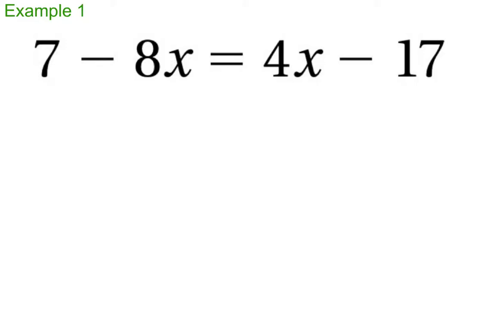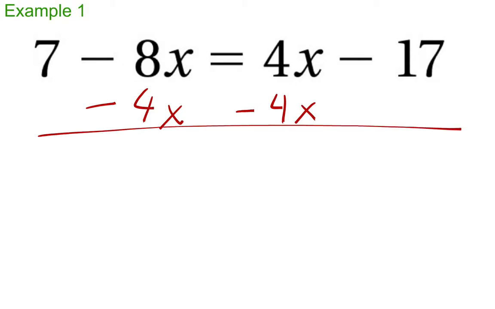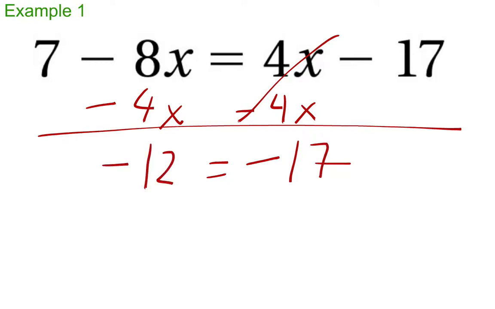Now, let's get rid of this 4x over here. The opposite of positive 4x is negative 4x, so negative 4x to both sides. And 4x minus 4x cancel out. We're left with negative 17 on this side, and that's going to be a negative 12x, and then a positive 7 on this side.